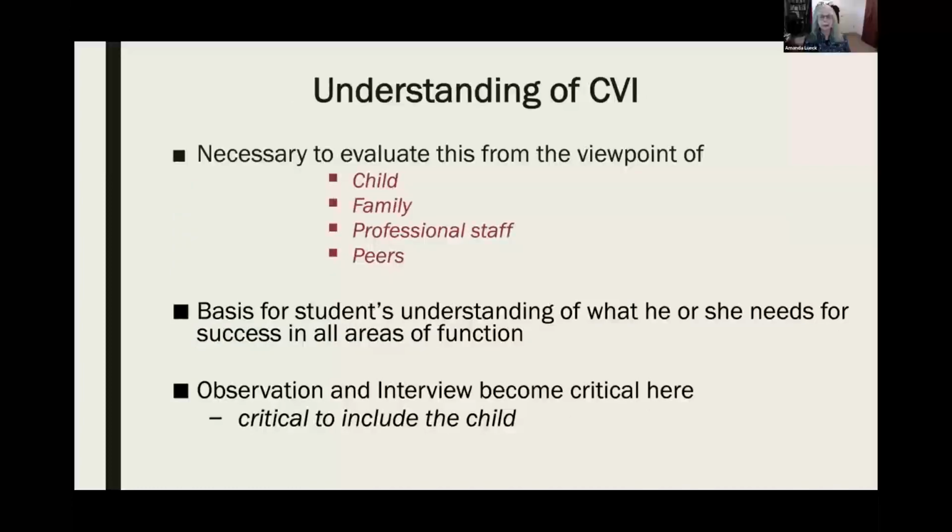It includes information from observation and interview, which is critical here. And it's very critical to include the child. If the child is verbal and is able to explain things to you, very often they explain things that you may not understand. I can give you the example of the child with the typoscope who told me that it was actually distracting for her.